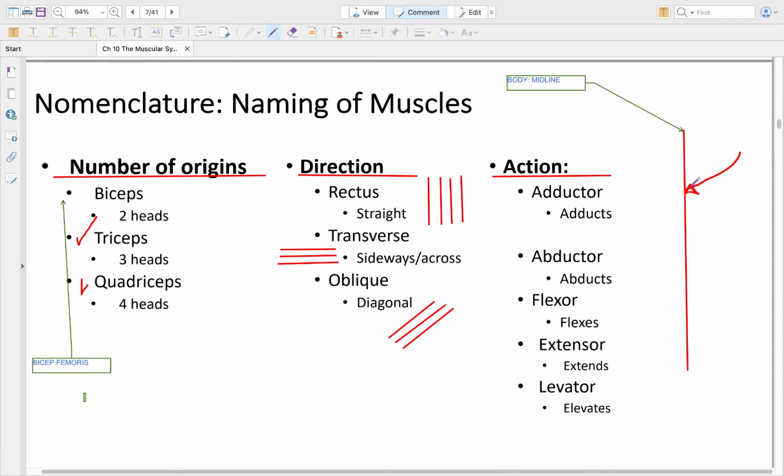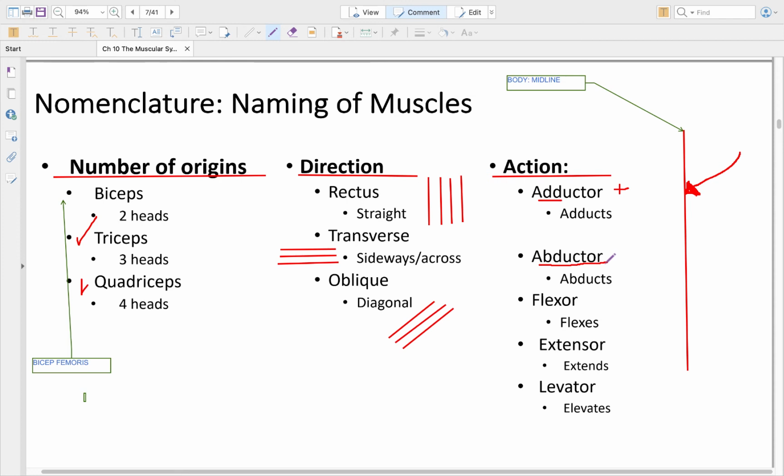So think of ADD, add. You're adding that to the midline, or really in reality, it just means that the muscle's action is to come closer to the midline. Now we have abductor muscles, and remember abductor, and think of a kidnapper, or alien abduction. What happens when there's an abduction?